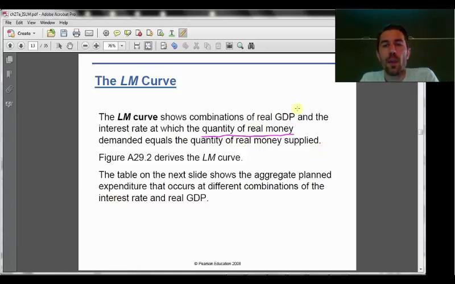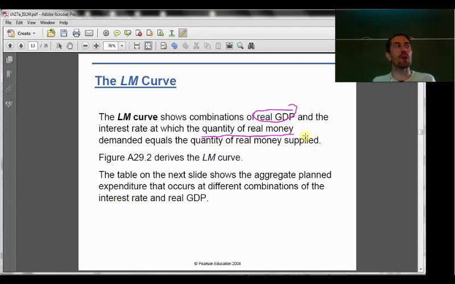Remember that when we change the level of output, we change the transactions demand for money. Remember, when we increase output, we want to hold more real money balances in order to buy that output, right? When we shift our money demand curve, in other words, if GDP goes up, then we want to hold more money balances.